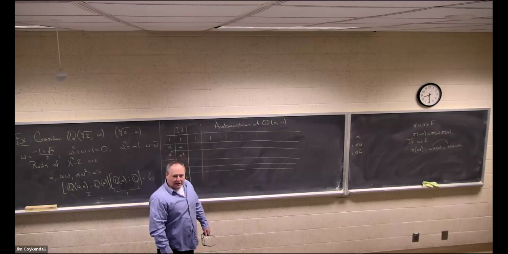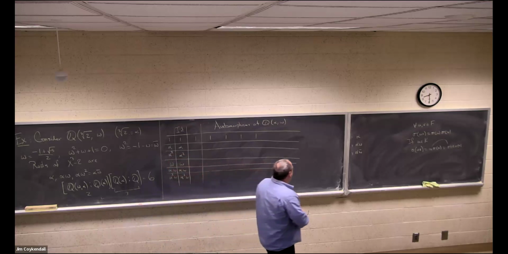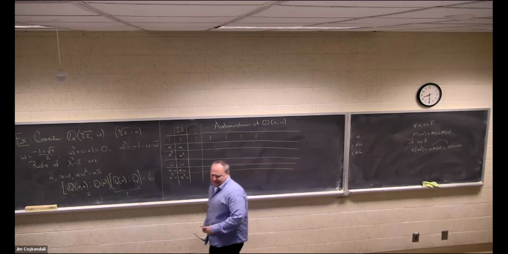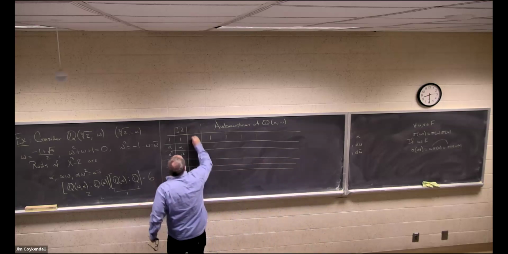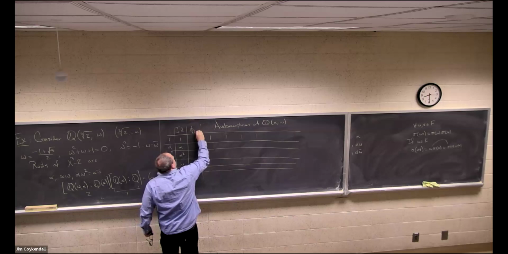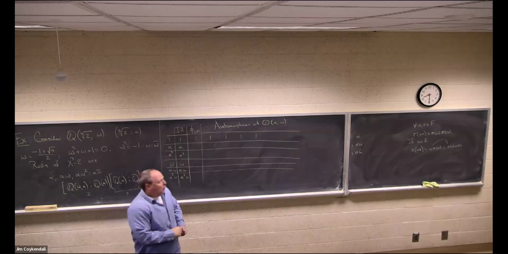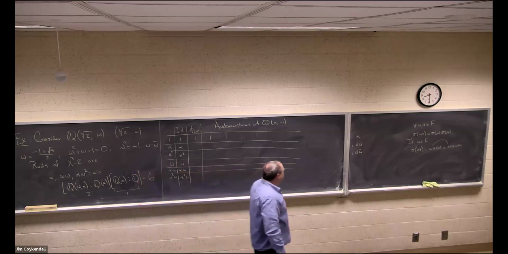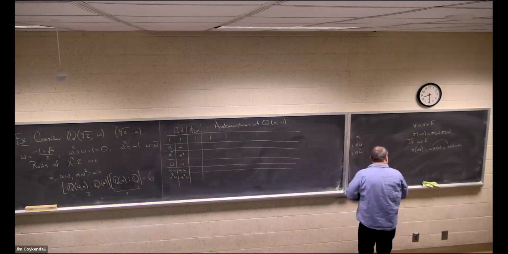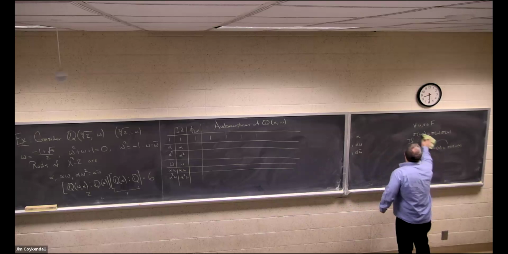Okay, let's see if we can get an automorphism from swapping out 1 and 2. I'm going to call this phi. What happens here? Well, phi (1 2), so I'm going to do a bunch of calculations.